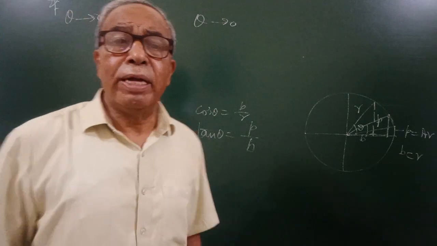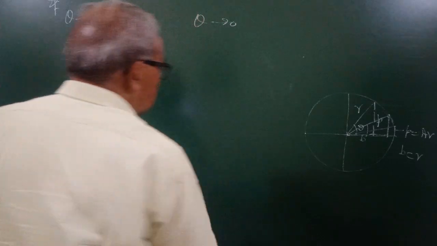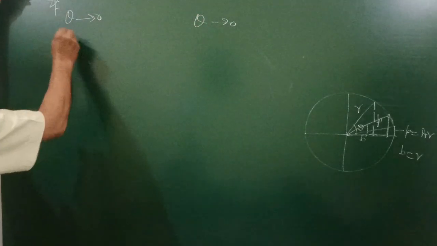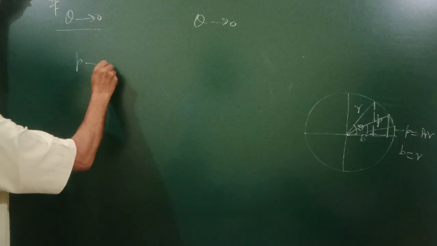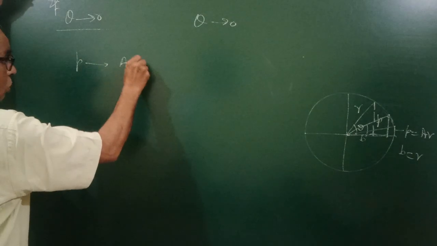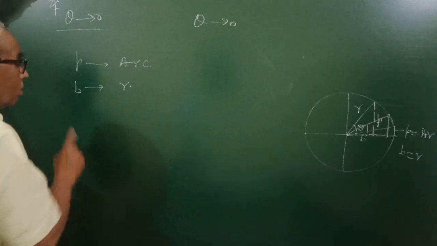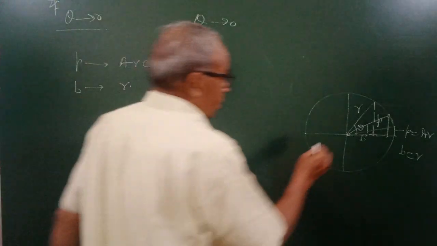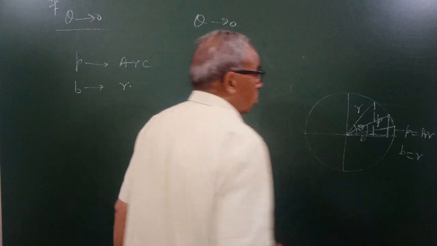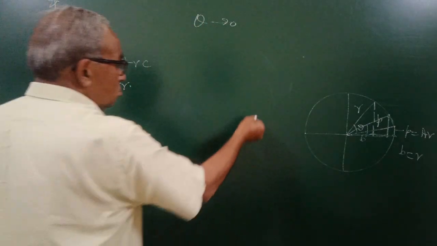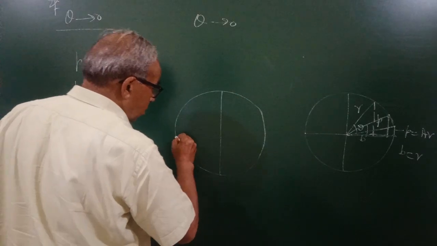For small theta, when theta tends to 0, the perpendicular tends to be the arc and the base tends to become the radius, approximately equal to it, as is clear in the figure. Should I draw the diagram? Yes, see, here is the circle.